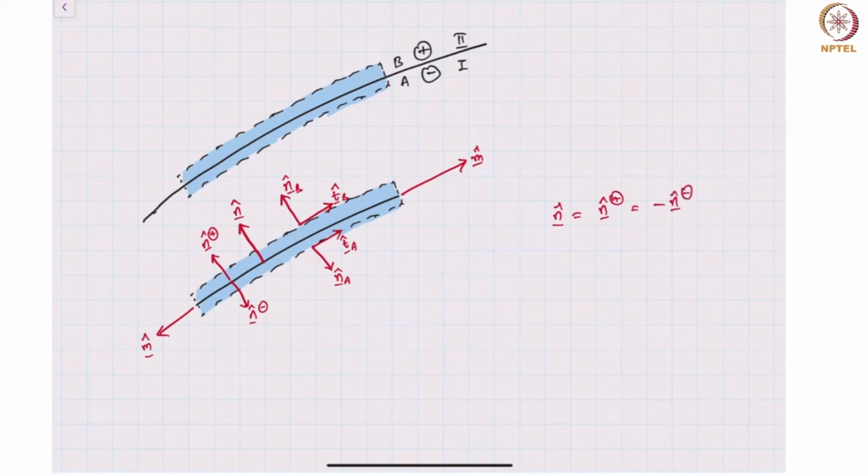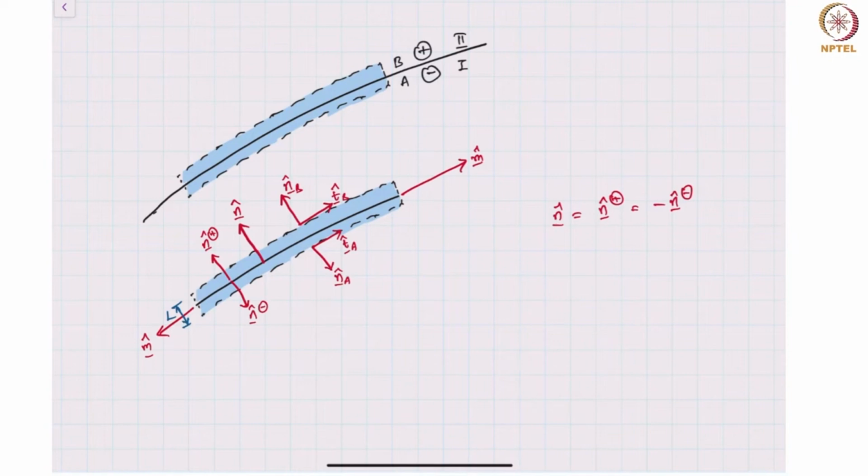This is the convention that I will choose: that N hat, the normal vector, points from minus to plus. The control volume has a thickness of, let's say, L. We will eventually repeat the analysis that we had done last time, where we take this control volume and shrink it to zero thickness.